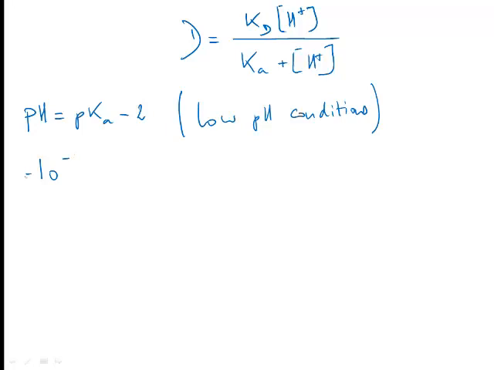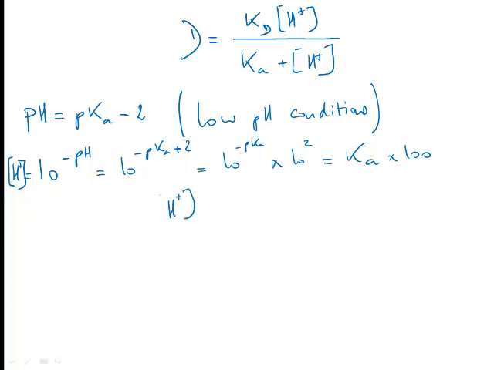H+ is equal to 10 to the power minus pH, which is equal to 10 to the power minus pKa plus 2, which is 10 to the minus pKa times 10 to the power 2, so it's Ka times 100. This time, at low pH, the concentration of H+ is equal to Ka times 100.